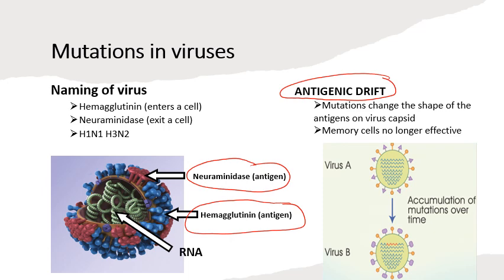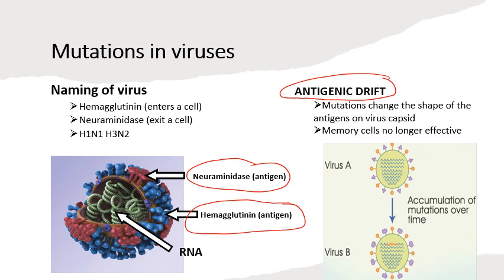And that means that all of those memory cells that you have created within your third line of defense to defend against that original strain of the flu virus are actually ineffective and won't work against the new strain, because there are different antigens on its surface.